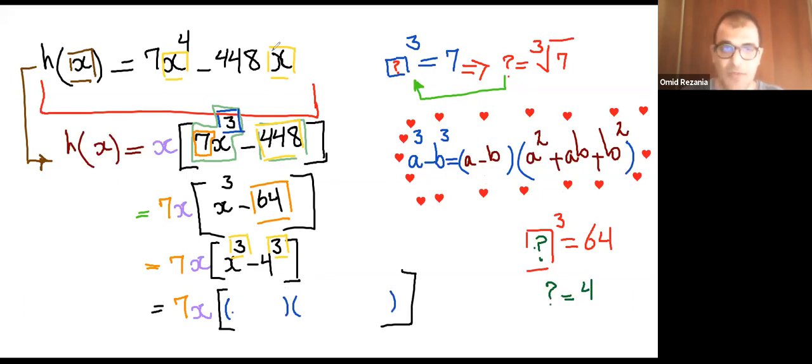On the first parenthesis, I have a minus b, which means it becomes x minus 4. It multiplies a squared. My a is x, so it becomes x squared plus ab, which means plus 4 times x, plus b squared. My b was 4, so it becomes 16.